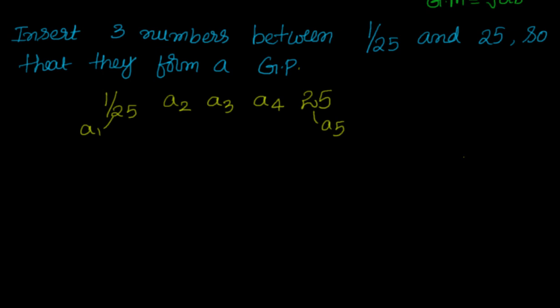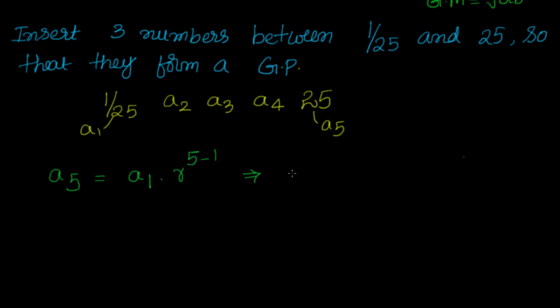What we will do? First we will leverage the a5 formula. We will say a5 equal to a into r to the power of n minus 1, that is a1 into r to the power of n minus 1. Here n equals 5, because we know a5, so it is r to the power of 5 minus 1.